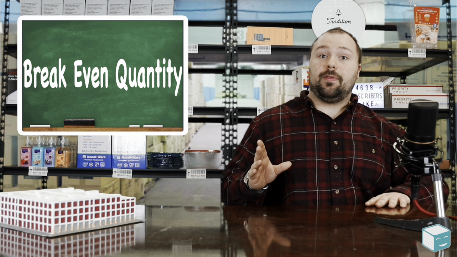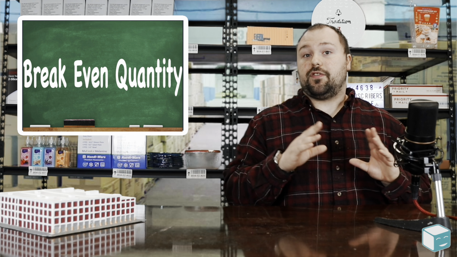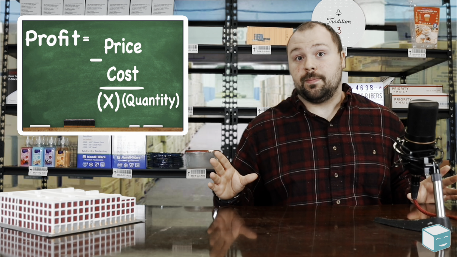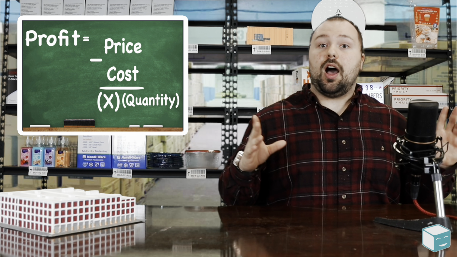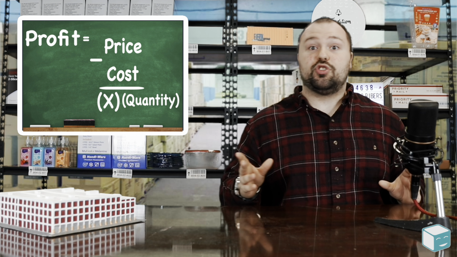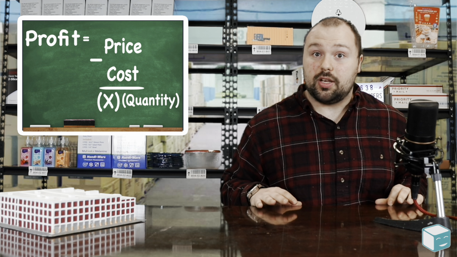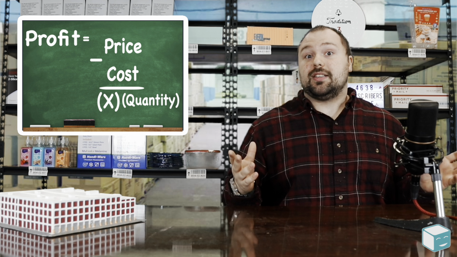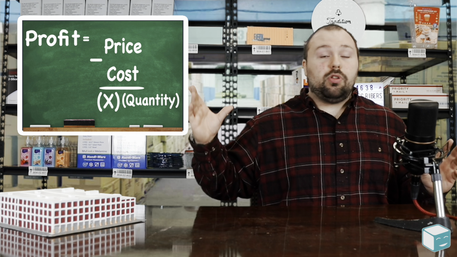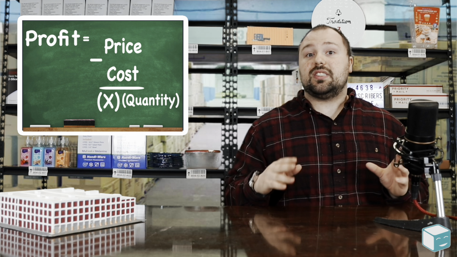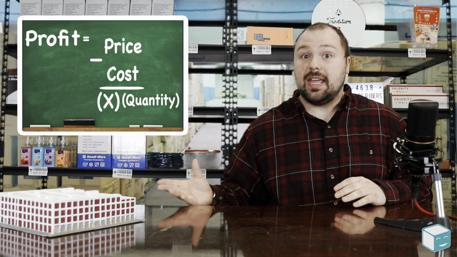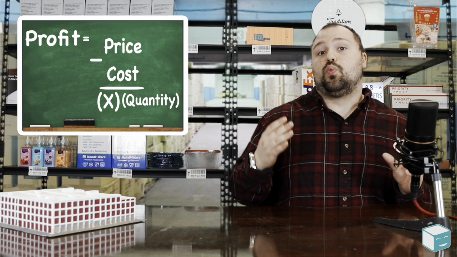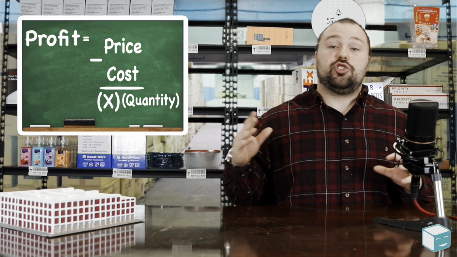Another cool thing about this is you can solve for any variable in this equation. So let's say the cost of goods went up. You saw a 10% increase in the cost of goods, and you're debating increasing the price of your product. You can plug in all those variables and see what that impact is going to be and decide whether or not it's worth your while to increase your price.